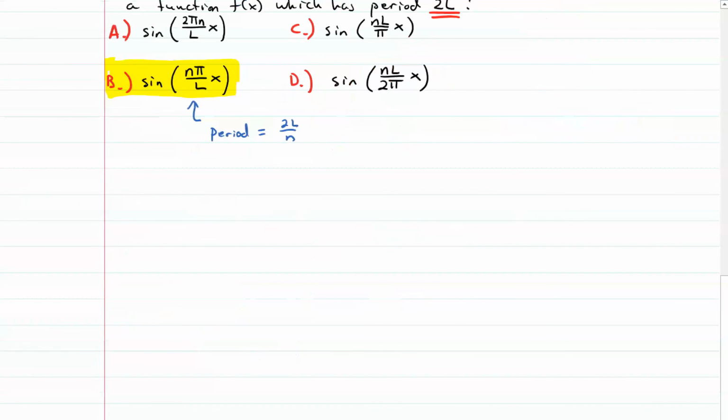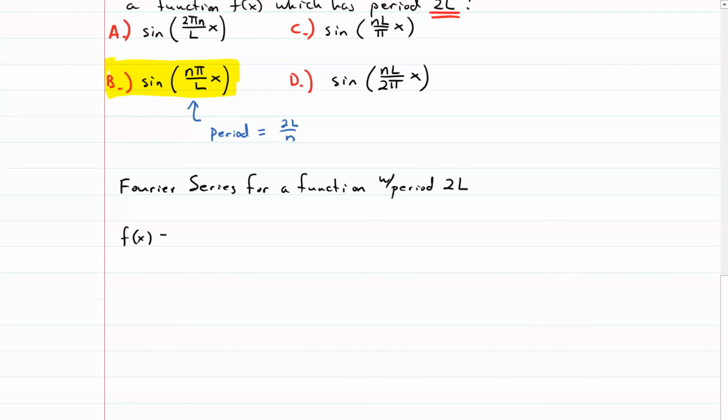So now we know that the Fourier series for a function with a period of 2L will look something like this. f of x is equal to, there will be some constant term, which we're still going to call a0 over 2, plus the sum from n equals 1 to infinity, and we'll still call these an.